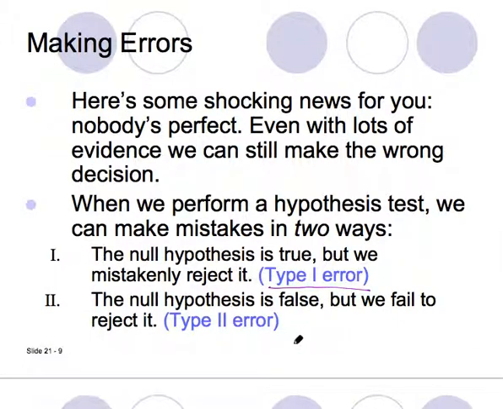This is going to be the next few slides, so if you don't get it down now, you can pause the video and get this written down, and you will have plenty more things to add to your notes. So a type 1 error is that the null hypothesis is true, but we mistakenly reject it. The second one is that the null hypothesis is false, but we fail to reject it. Those are the 2 opposite things that can happen: a type 1 error and a type 2 error.